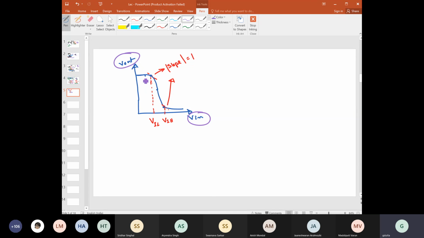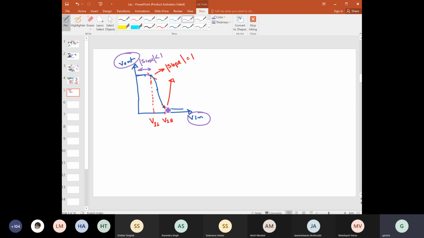Below that point, the slope is less than 1. So if there is some noise in this region, it will not get amplified, because the magnitude of the slope is less than 1. It basically gets attenuated in this region.